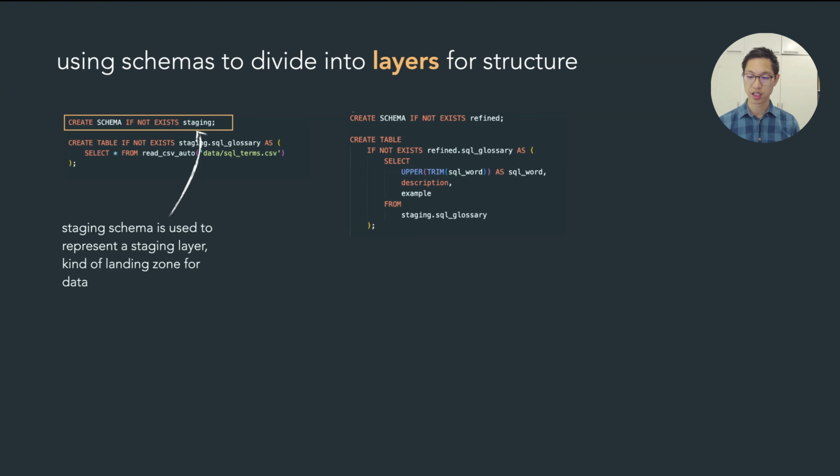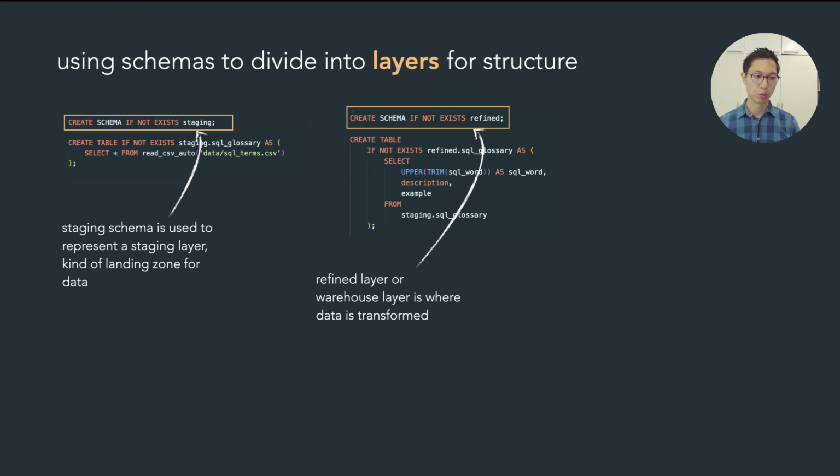Using dbt, it will translate the SQL into DuckDB. Here you have another schema called refined, and for that you create a table with the same name as before, but inside the refined schema, where you have done all your cleaning. The refine layer or warehouse layer.